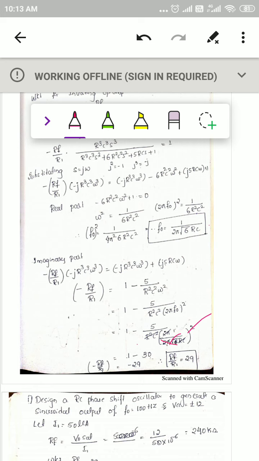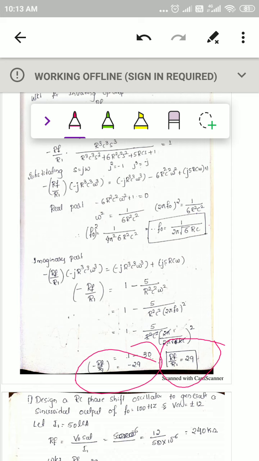So the 6 goes to the numerator, 5 into 6 is equal to 30. It is 1 minus 30. So minus Rf divided by R1 is equal to minus 29 here. So Rf divided by R1 is equal to 29.